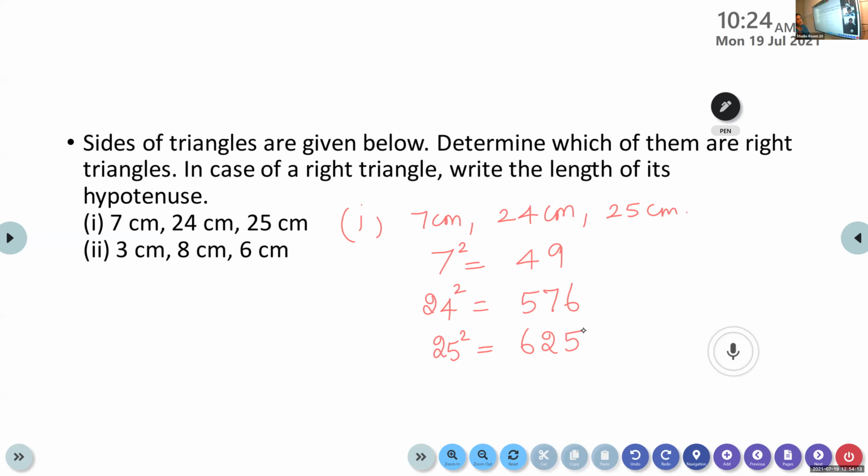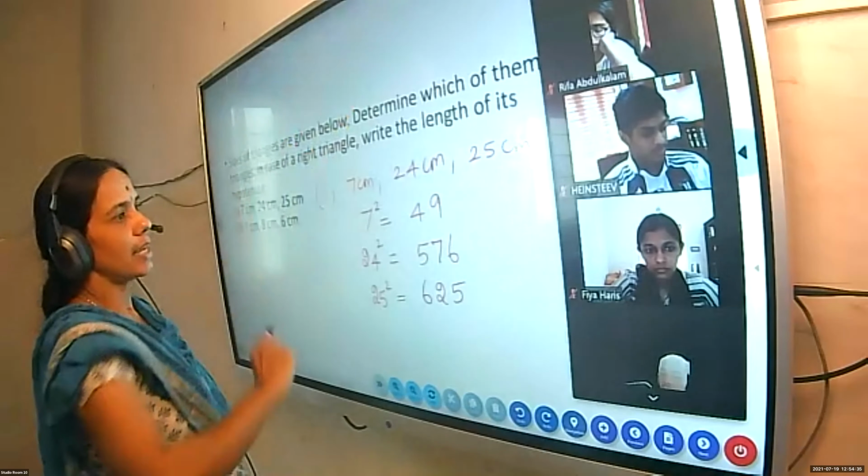You learn up to 30 squares, so you can do the calculation easily. Okay, for the exam, we have to use 1 minute only for solving one question. So in the classroom also, try to write fast and develop speed. Otherwise, you will not be able to complete. Saturday, I gave one test paper.